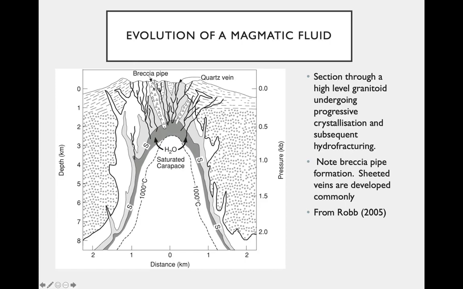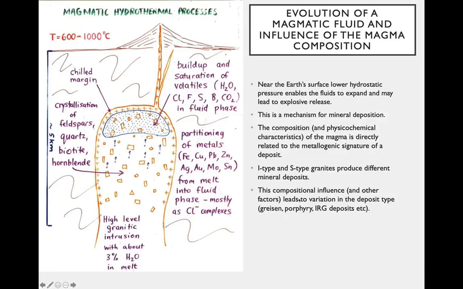So we could generate breccia pipes where you have significant overpressure and we fracture the rock around the conduit, the fluid conduit, or we could get localized veins, so more concentrated sheeted vein systems or simple vein systems carrying that fluid from the top of the granite closer to the surface. Remember, the fluid is buoyant and wants to move upwards.